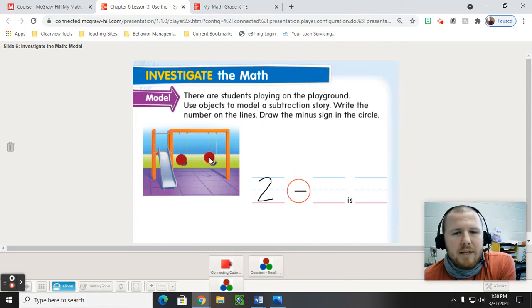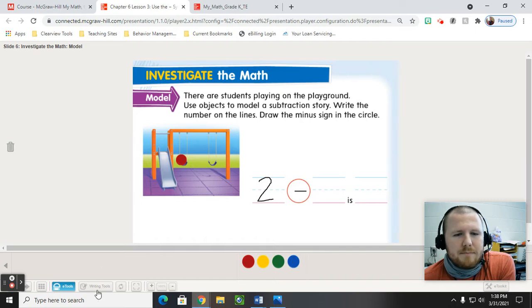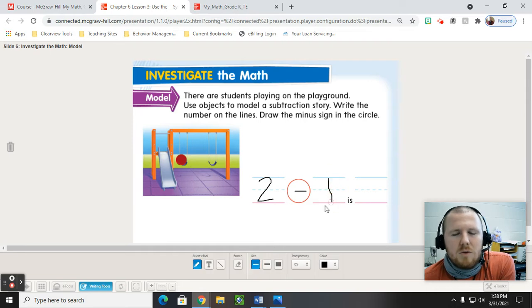So then one kid says, I'm done playing. So the one kid goes away. So 2 kids on the swing and then 1 kid left. So that means there's only one more, all alone on the swings.